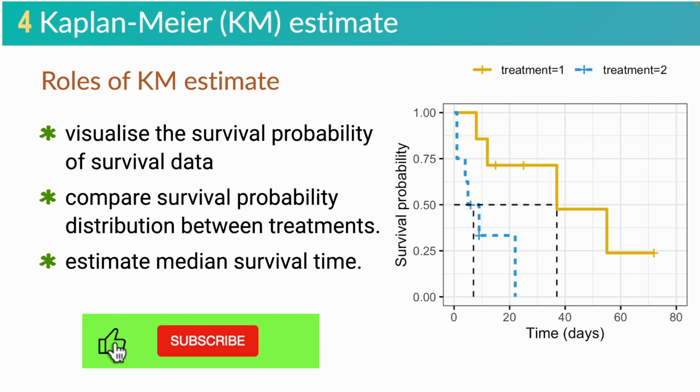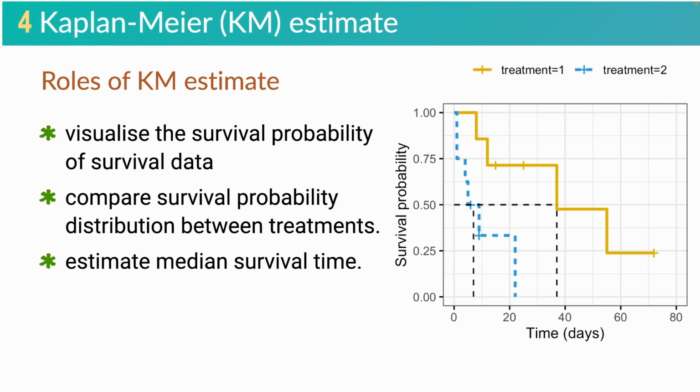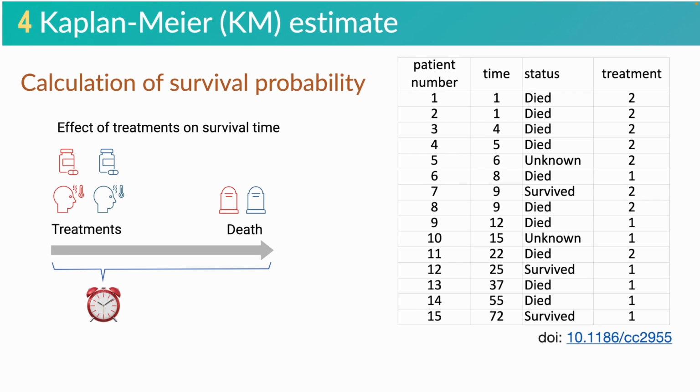So, the first role of the KM estimate is to visualize the survival probability of survival data from a study cohort. Secondly, it can be used to compare the distribution of survival probabilities between two treatments or more than two treatments. You can also estimate the median survival time, that is the length of time in which half the patients die.